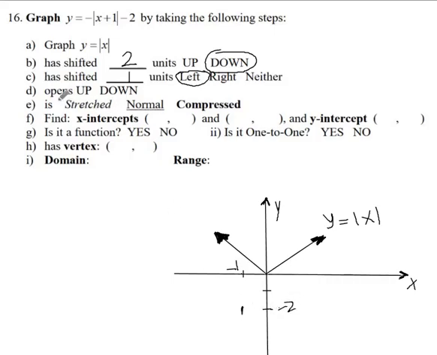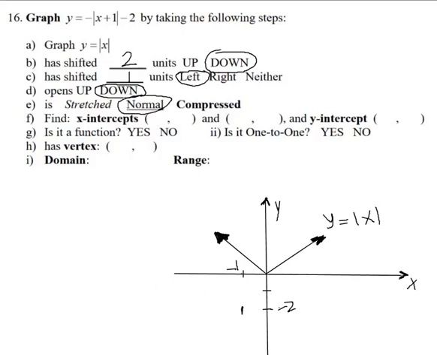And does it open upward or downward? Because of the minus here, it's going to open downward now. Do we have any stretch, normal, or compression? Well, there's no factor here, so that would be normal. So we want to find the x-intercept.